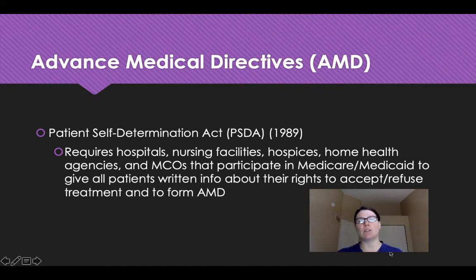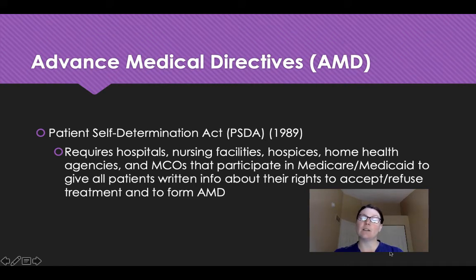So it governs the requirement for consent, the ability of us to make our own decisions, and obviously, as it says here, requires all the different types of organizations that participate in Medicare and Medicaid, which is pretty much everybody from an institutional standpoint, to have written information about their rights. And also within those rights, it describes your ability to accept or refuse treatment.